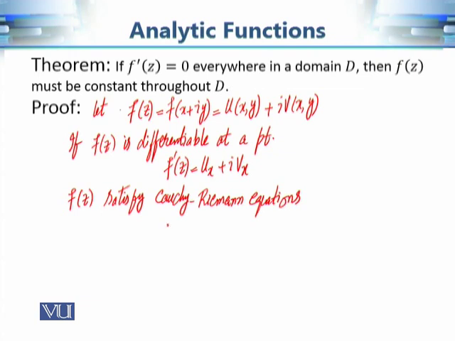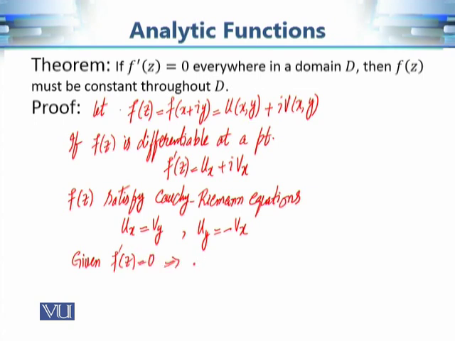So in other words, ux must be equal to vy, and since ux is 0, okay, we will move on to this assumption later. Now the next thing is uy must be equal to minus vx. Now what is given? The given part is f prime z is 0.